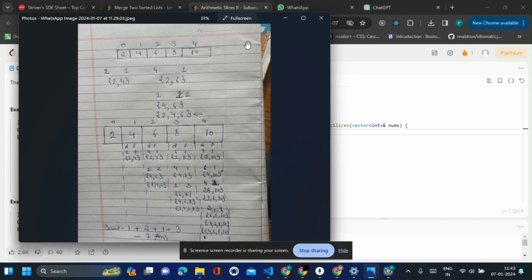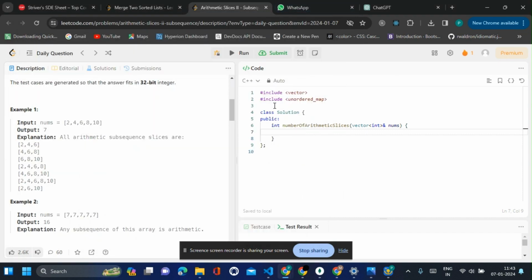Now we can form a code of this. First of all, which data structure should we take to store every value? If we take an array of maps, I will tell you why.